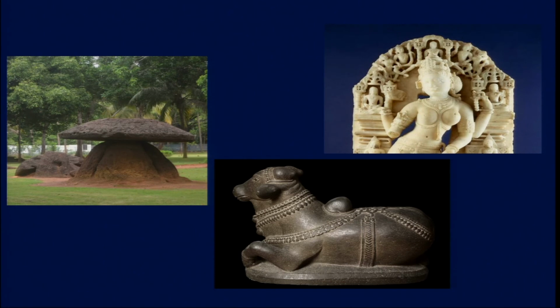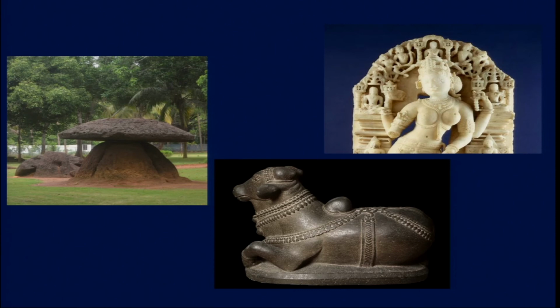For example, the one we have here, which is also called the Kodakkal and Kudakkal, is a particular form of memorial that we found in Kerala, and that makes use of the locally available laterite stone, which is highly porous, and of course that gives it its particular visual presence.